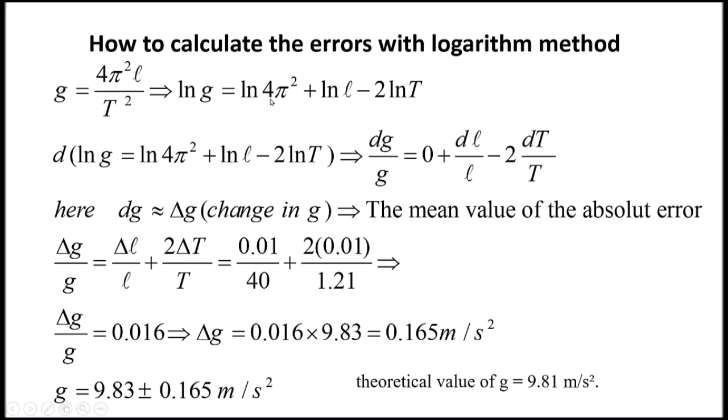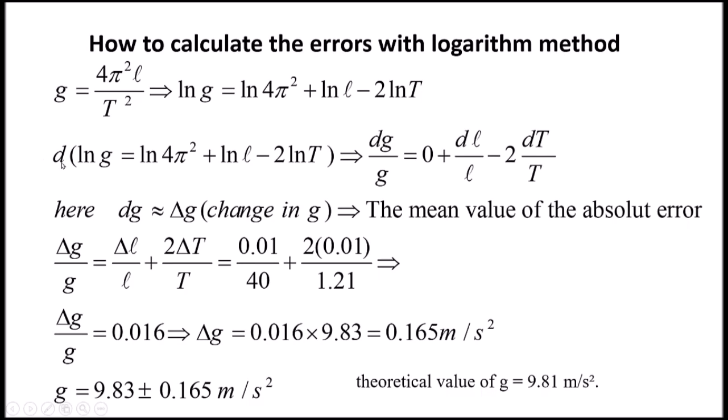We will get ln g equal ln 4 pi square plus ln L minus 2 ln t. We take ln, you can also take log here.